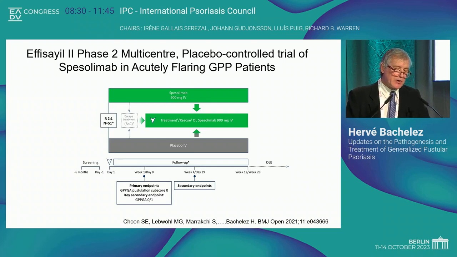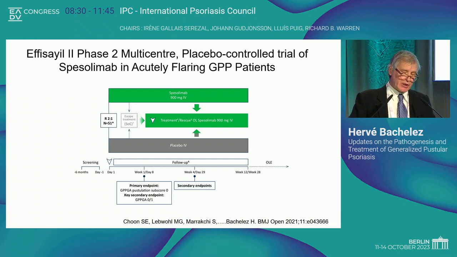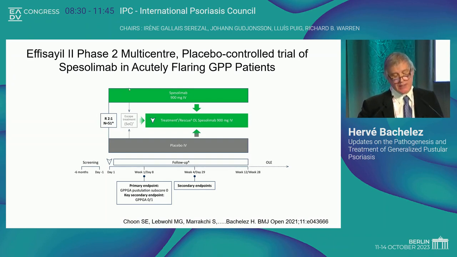Now, the consequences on the treatment were that from the description of the genetic architecture of GPP, there was the drug development of IL-36 receptor inhibitors. I will be quite quick, but the first of that kind is spesolimab, a humanized anti-IL-36 receptor monoclonal antibody developed by Boehringer Ingelheim.